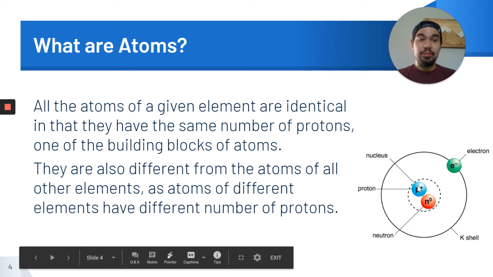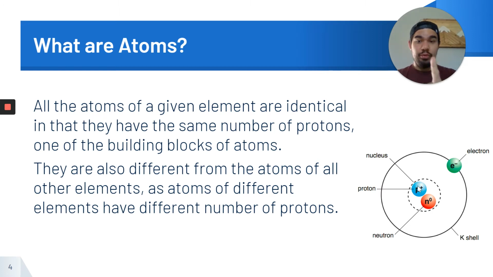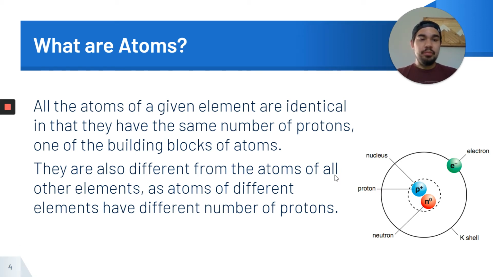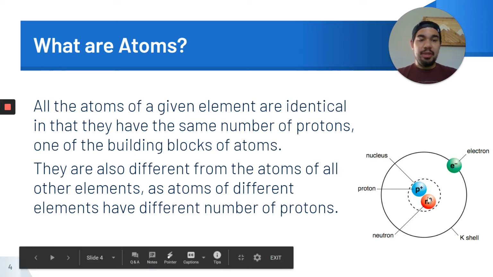All hydrogen atoms are going to have one proton. So if you see any atom that just has one proton, you already know it's going to be a hydrogen atom. If it has two protons, it's definitely not going to be hydrogen. If it's two, it's going to be helium. All right. So all hydrogen atoms are going to be different from any other element, and that's simply based on how many protons they have.